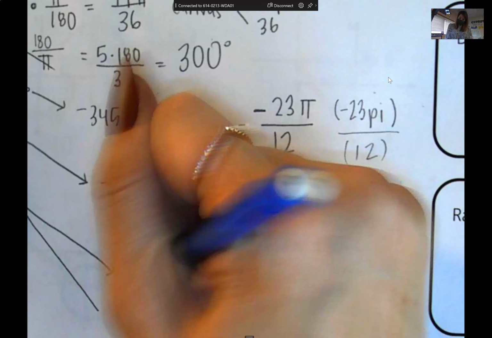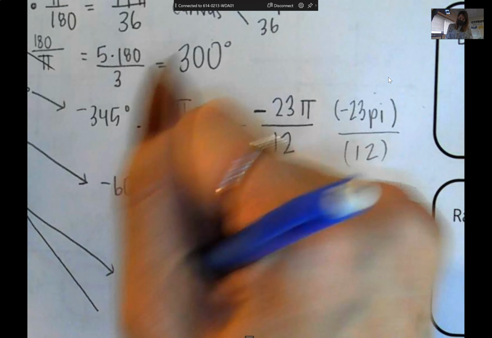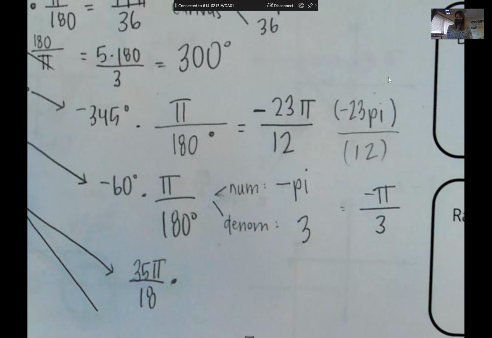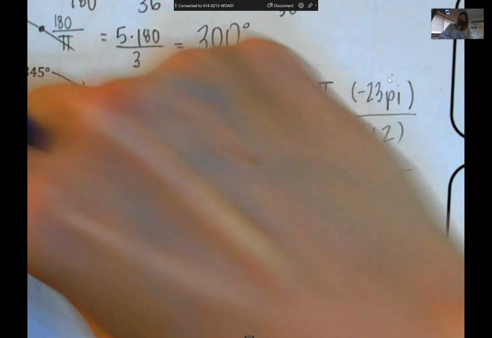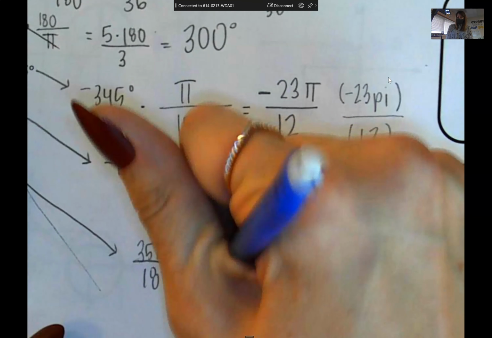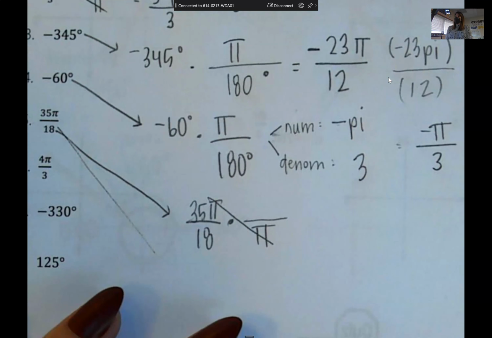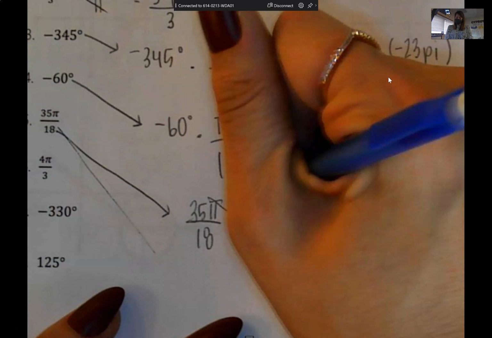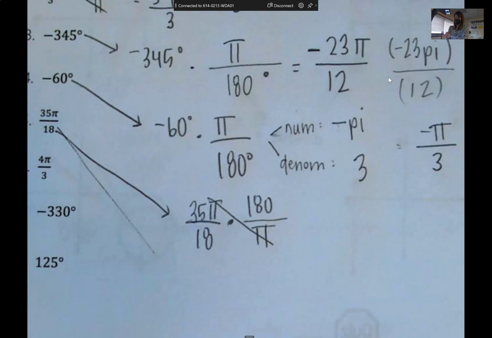So 35 pi over 18. I'm trying to get rid of the pi, which means that's what I have to put in the bottom. Because once I put it in the bottom, those two will cancel out. What goes in the top? 180.